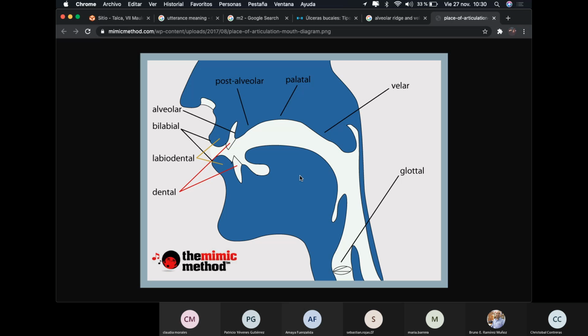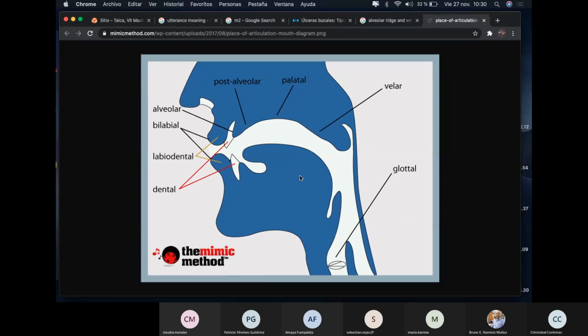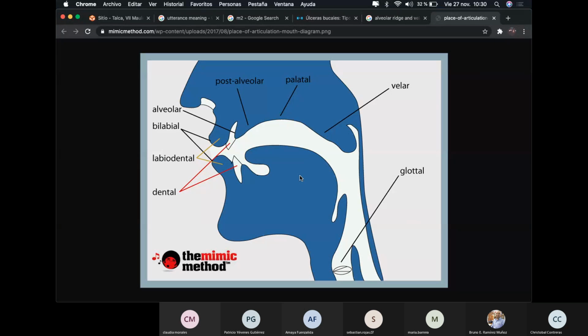We call it palatalization because the sound becomes palatalized, meaning it's not really an alveolar sound, but the tongue moves a little bit backwards towards the hard palate. So it becomes palatalized because of the influence of the previous sound, which is a k, right, a velar sound.